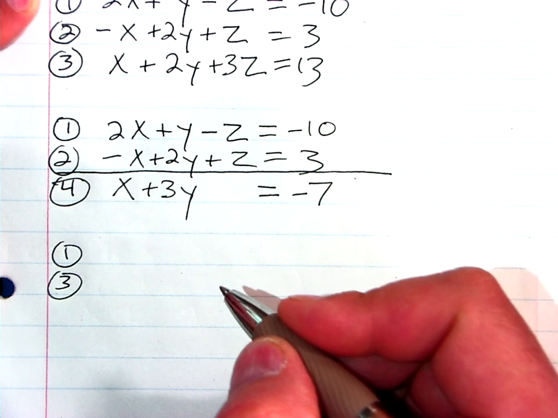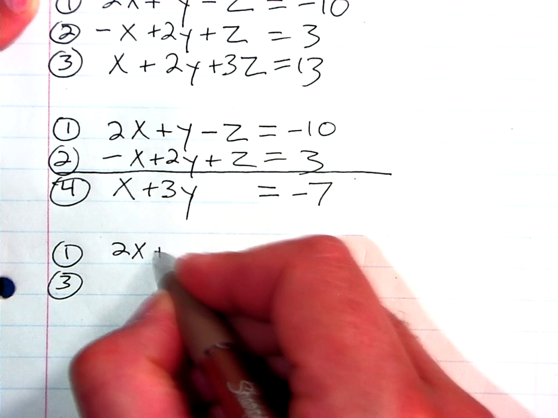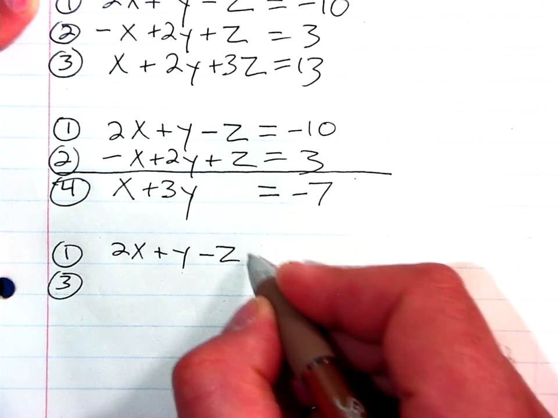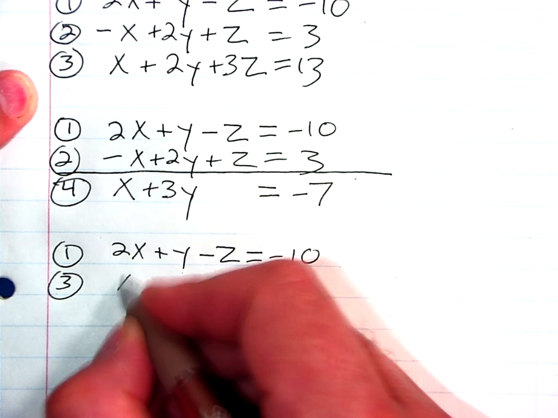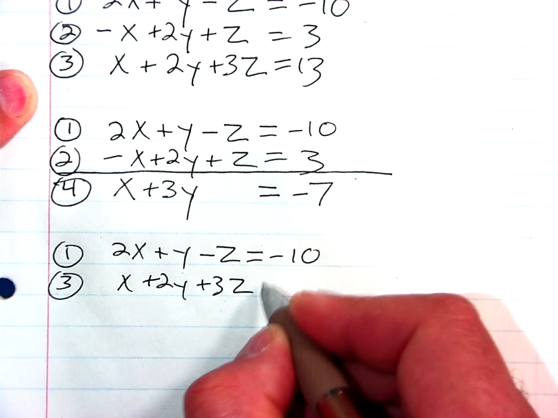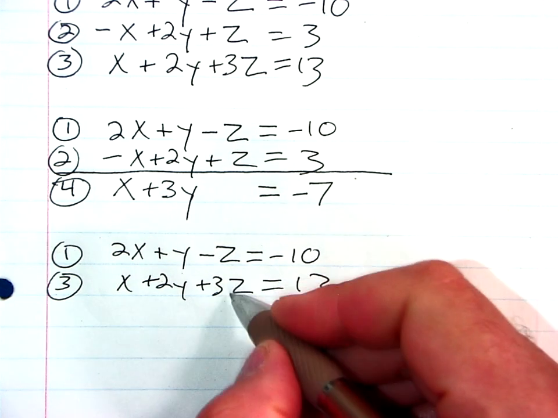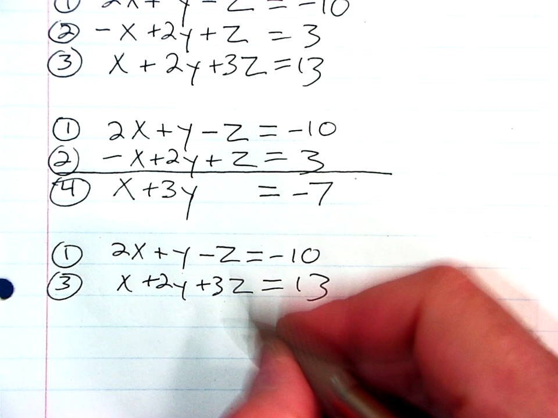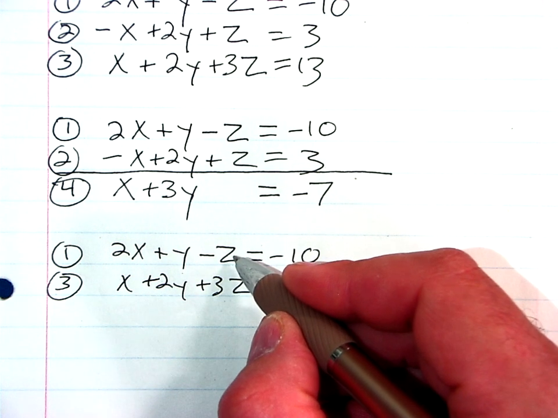So you're a step ahead of me, so hold on just a second. 2x plus y minus z equals negative 10. That was line 1. Line 3 is x plus 2y plus 3z equals 13. What Liam was saying is we need to get rid of our z's. So we have a positive and negative, so that's good, but we have a 3z and a 1z. So what do I need to multiply line 1 by to make it a negative 3z?